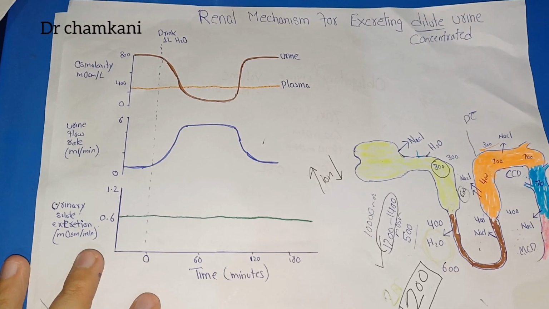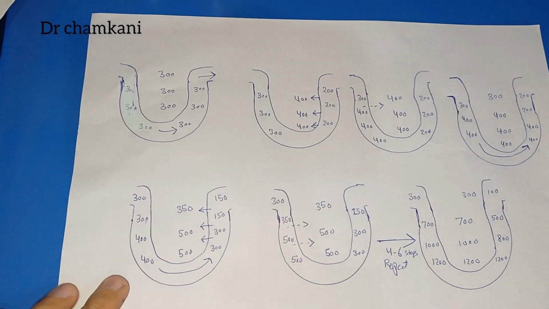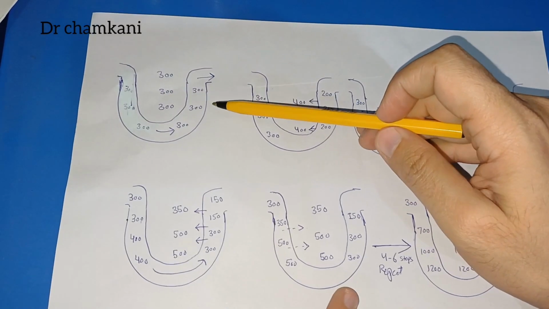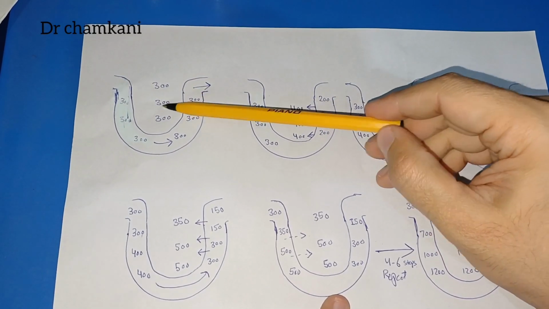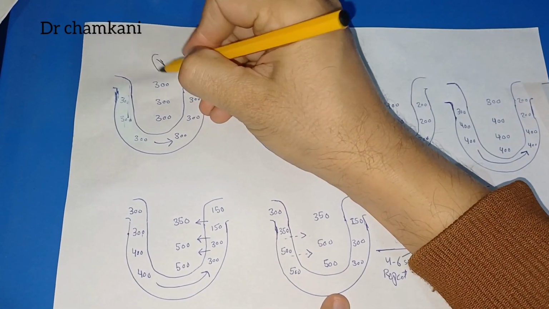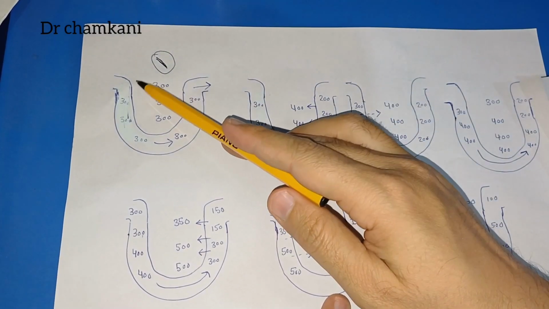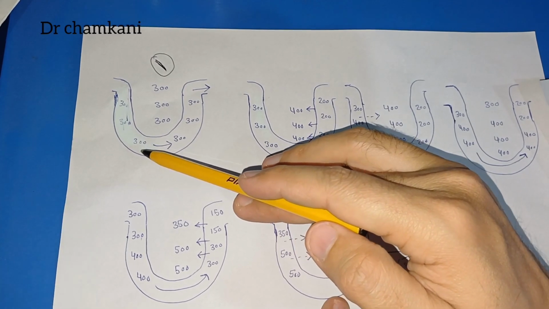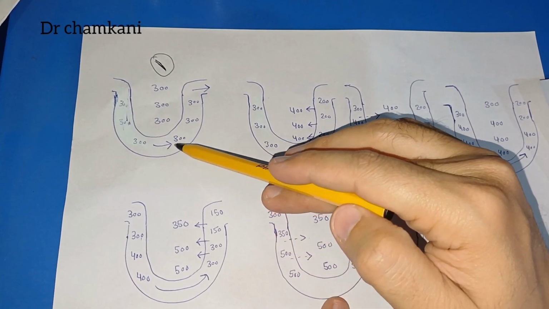Now let's come to the details of the countercurrent multiplier mechanism. Here we have the loop of Henle. What happens in the loop of Henle is step 1. In step 1, fluid enters the descending limb of the loop of Henle, and then it moves into the ascending limb.